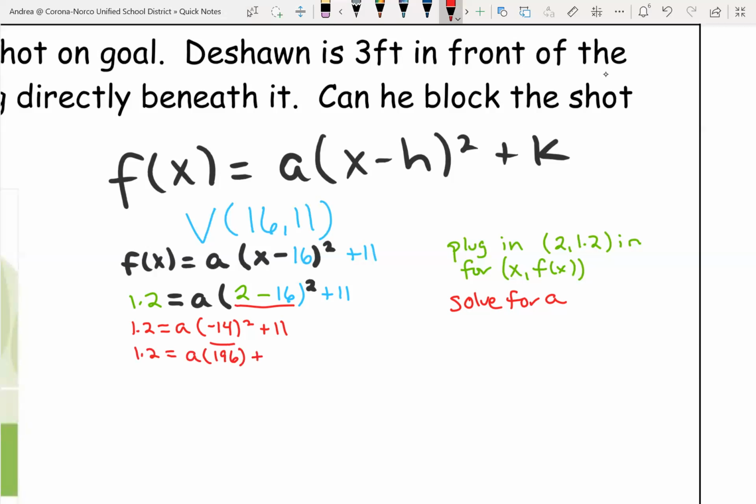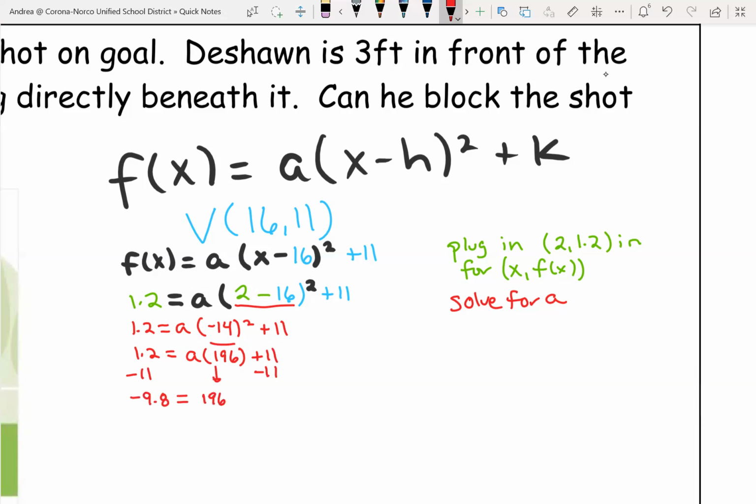So 1.2 equals a times 196 plus 11. I'm going to subtract the 11 from both sides. 1.2 minus 11 is negative 9.8. I'm going to switch this to 196a.